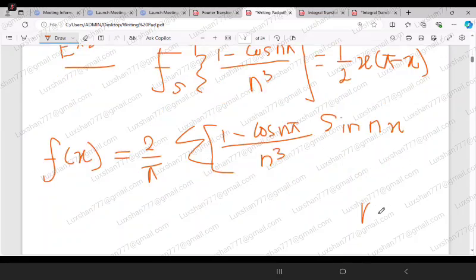So that is equal to, actually we have n pi x over L where L is also pi, so pi gets cancelled, so we get sine nx. So this is the inverse of that one.